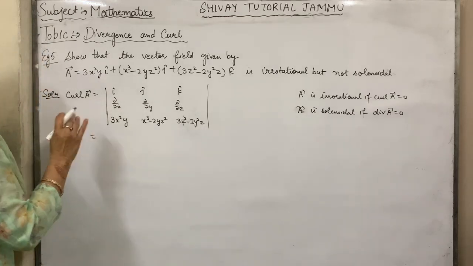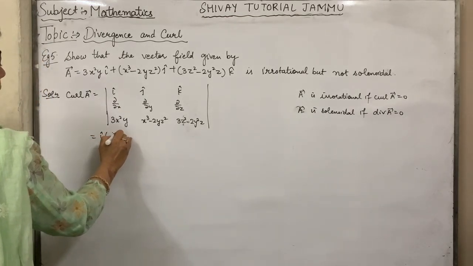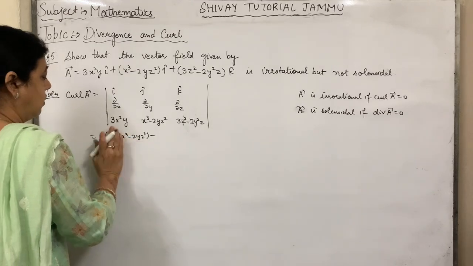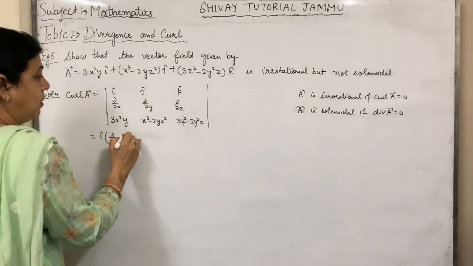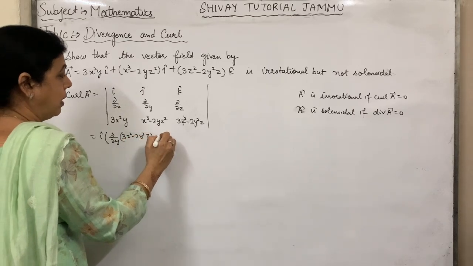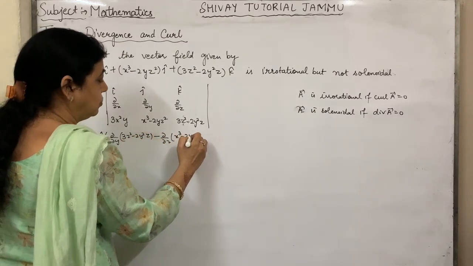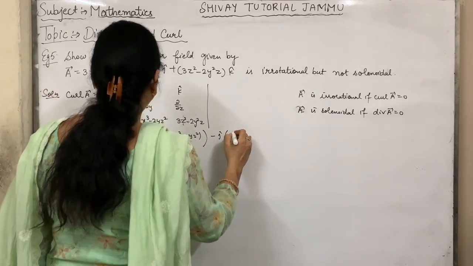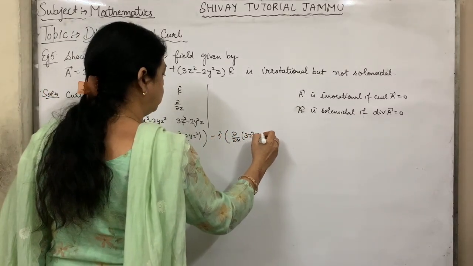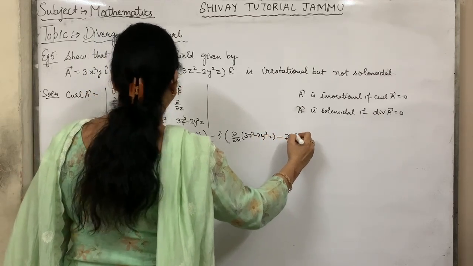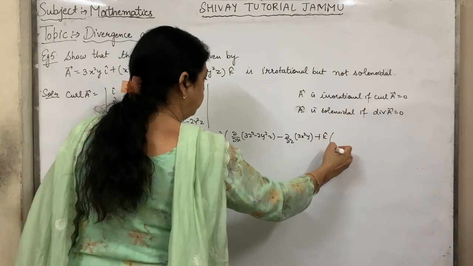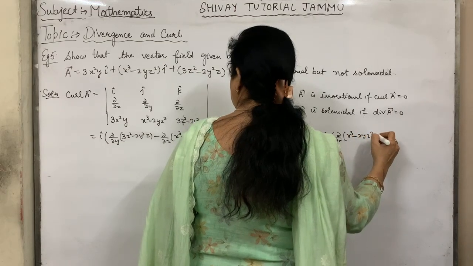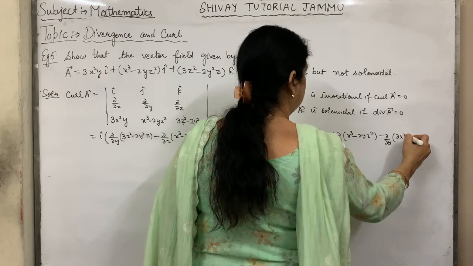This is how we will find curl of A. Then it will be i, curly by curly x of x cube minus 2yz square, curly by curly y with 3z square minus 2y square z minus curly by curly z with x cube minus 2yz square, minus j, and same we will do with the help of this: curly by curly x with 3z square minus 2y square z minus curly by curly z of 3x square y, plus k vector, curly by curly x of x cube minus 2yz square minus curly by curly y of 3x square y.